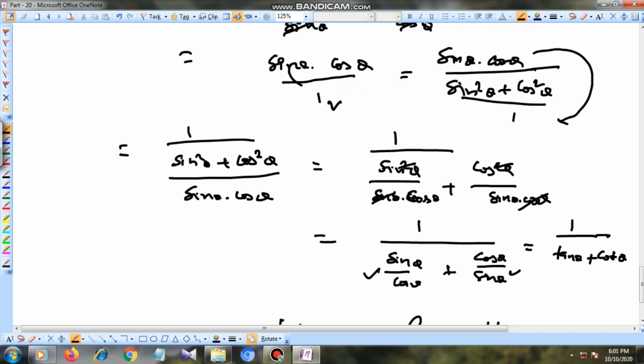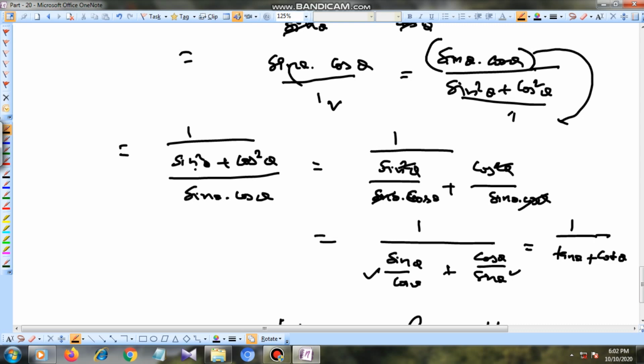This 1 can be written as sin square theta plus cos square theta from the first identity. So this is sin theta into cos theta upon (sin square theta plus cos square theta) upon 1. Now this quantity sin theta into cos theta goes under sin square theta plus cos square theta. Then we get 1 upon (sin square theta plus cos square theta) upon sin theta into cos theta.